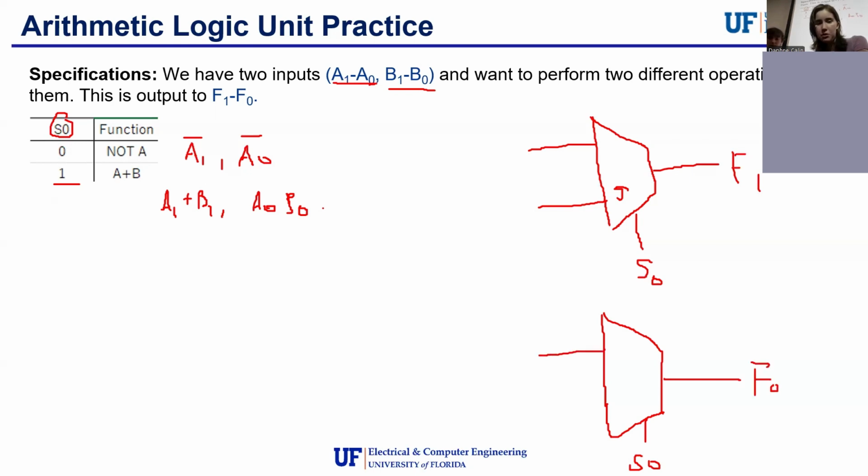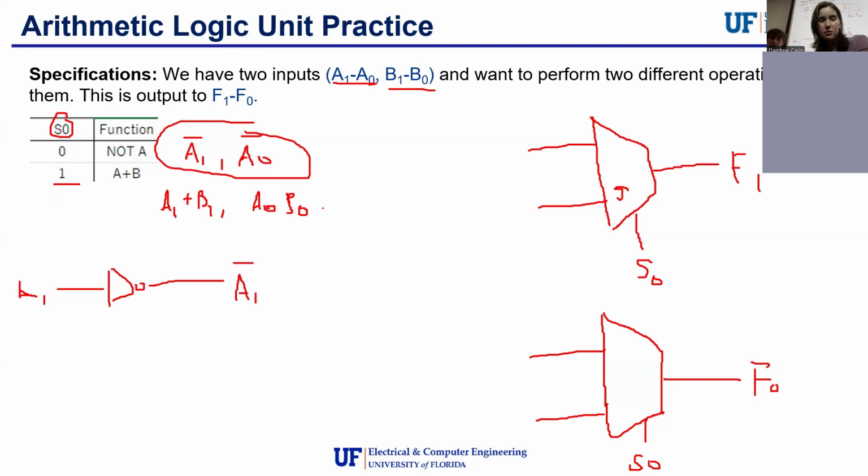And I'll draw the inputs for these. And so let's just start by thinking about how we are going to implement these functions? Well, this is very simple to implement. It's literally just we have a NOT gate of A1. I'm doing this now, sorry, this is kind of bad, but we have A1 to not A1.